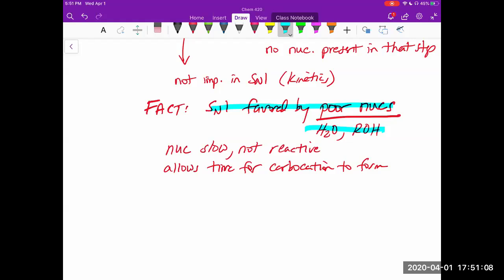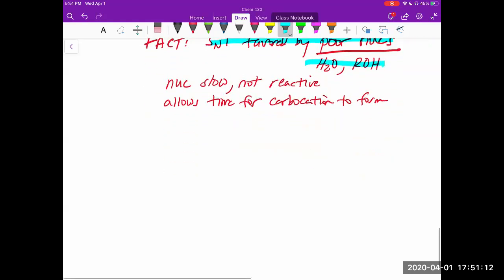So let's go ahead and take a look at an example or two of that. And I want to introduce a kind of reaction and then talk about the inversion of stereochemistry and what happens there. So let's just do this reaction. I've got, let's make it a secondary, and I'm going to treat it with water.